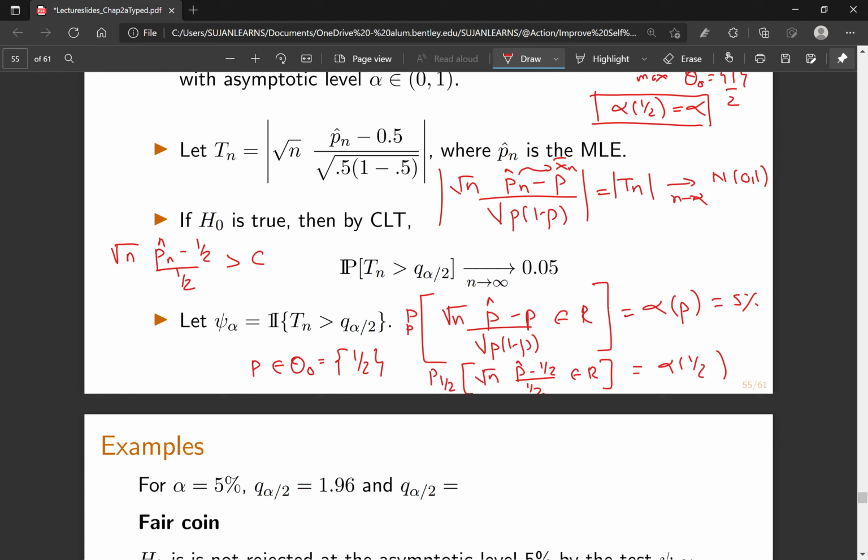If the absolute value of this is greater than c, then we're going to reject and say that the alternate hypothesis is probably true. Just a side note, we are taking the absolute value because this is a two-sided test. Now, coming back to our main point, if it is greater than c, then we will reject, and that's how we define our rejection region.